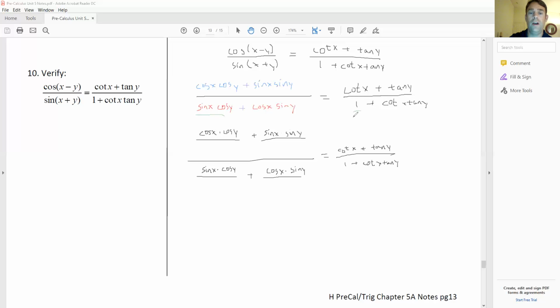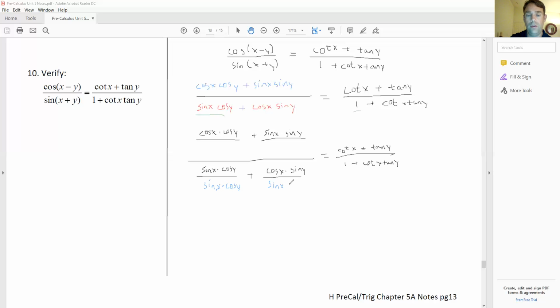So I'm going to divide everything by sine x cosine y so I can create that 1 in my denominator. And by doing that, I'm hoping I actually get rid of some things along the way.